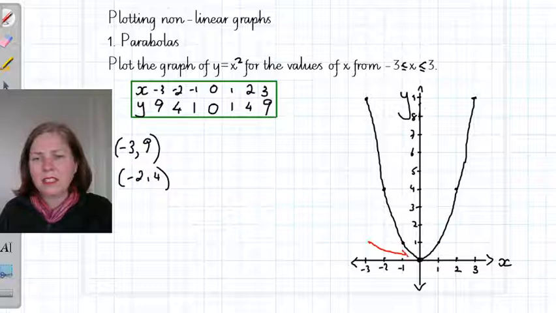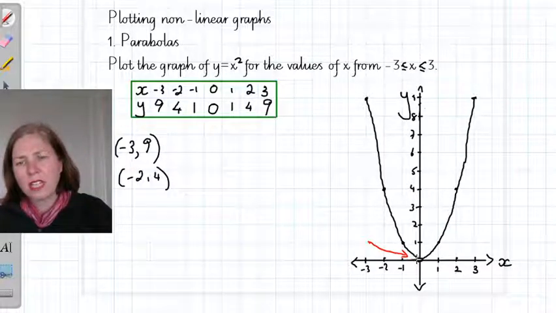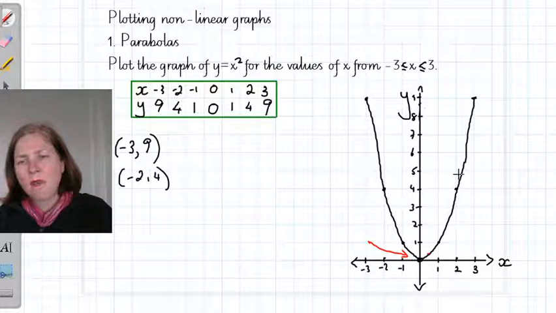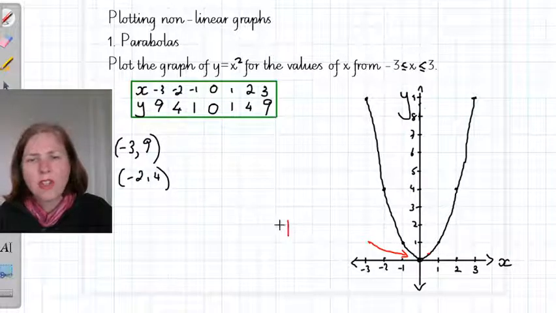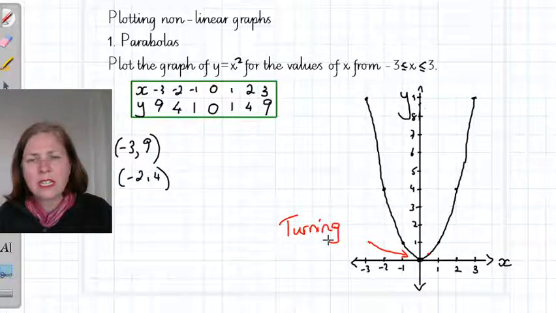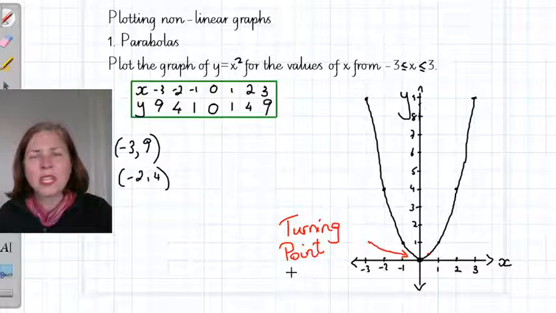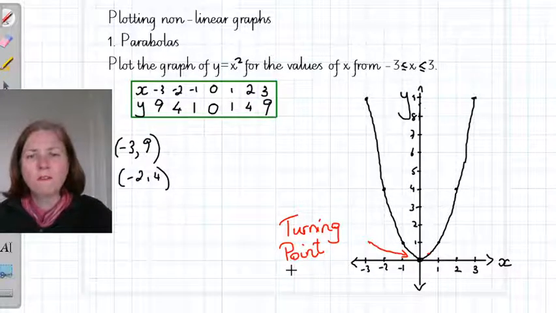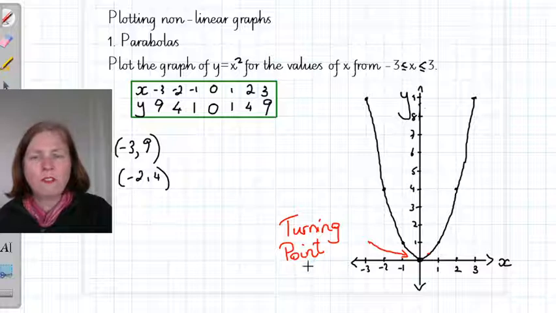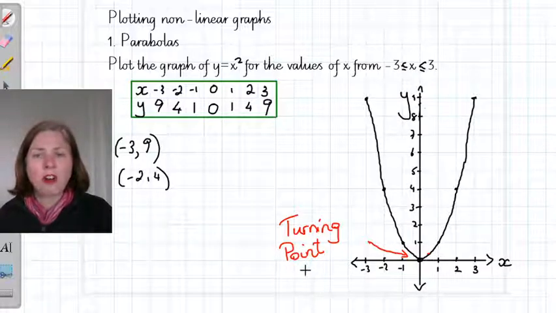Right down here, the graph on the left-hand side is going down, down, down, and then it starts to go up, up, up. So we call that point, surprise, surprise, the turning point. It's a key point for any parabola. It helps us to locate the parabola on the graph, and it's a key feature of the graph. If you ever can, you should always label the turning point of the graph.